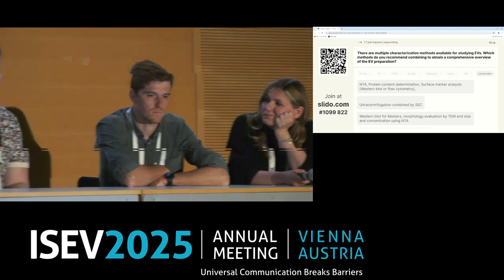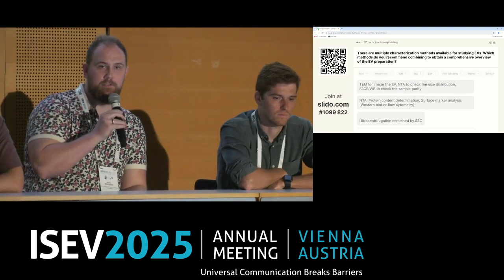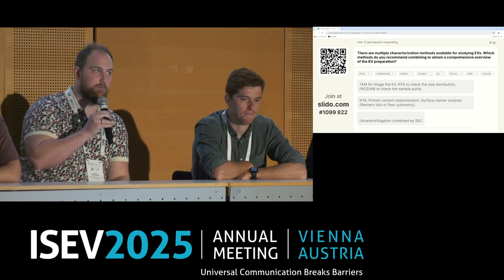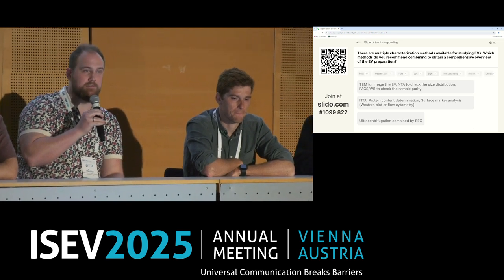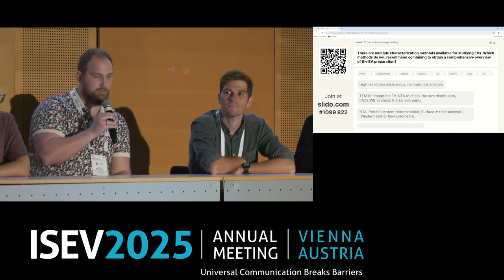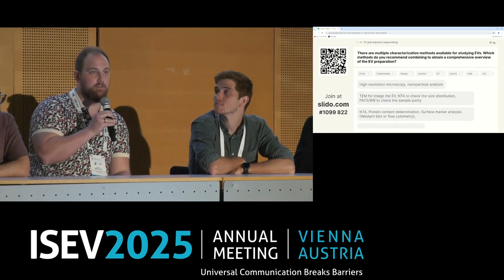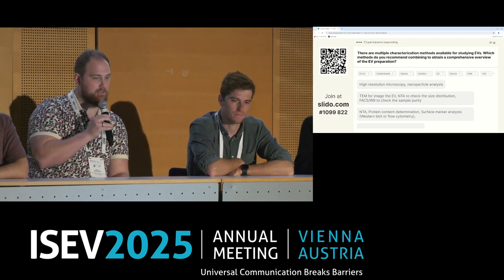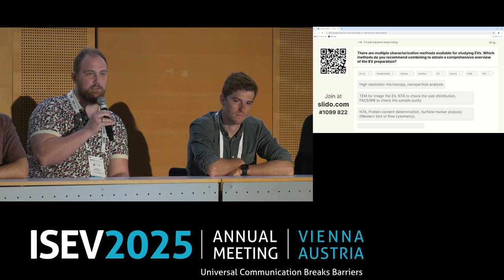I would recommend using at least one method to check for the different EV markers, whether that's nanoflow cytometry or Western blot or all the different ones that exist, but also one to check the morphology, for example, EM or cryo-EM. They are very complementary.